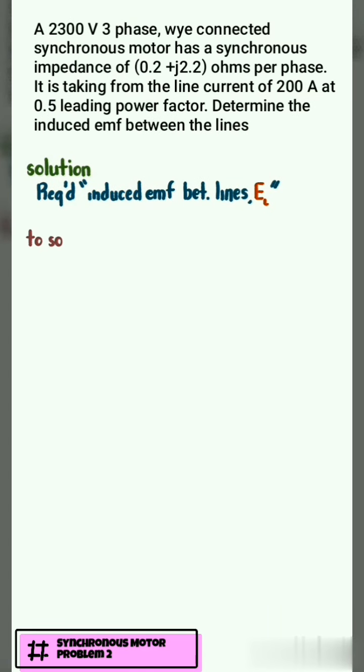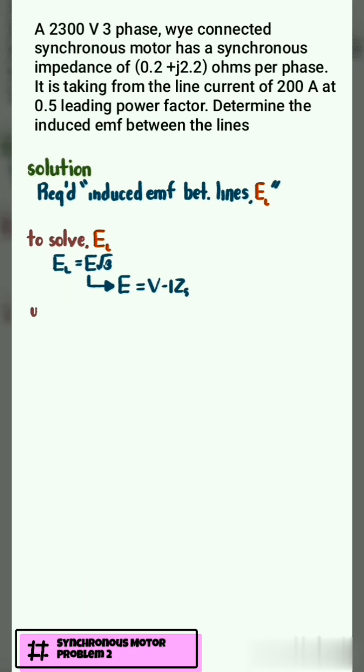So to solve for EL, we have EL is equals to E times square root of 3, where E is equals to V minus the voltage drop of current times the synchronous impedance, where V is equals to 2,300 over square root of 3, that is equals to 1,327.8.